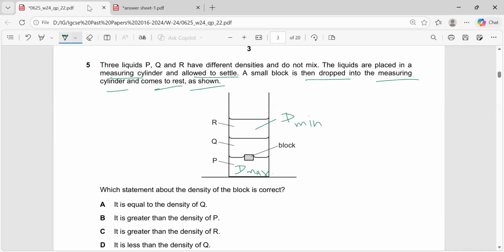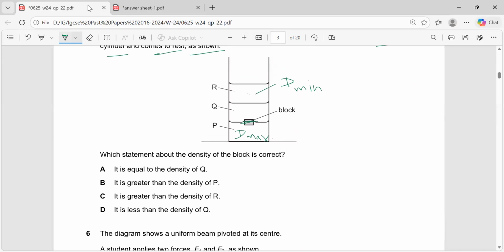That's why it is at the top. And Q has a density in between R and P. Now this block is deeper than R, which means its density is more than R. It is somewhere in Q and somewhere in P, so we cannot decide anything about its density relative to those.